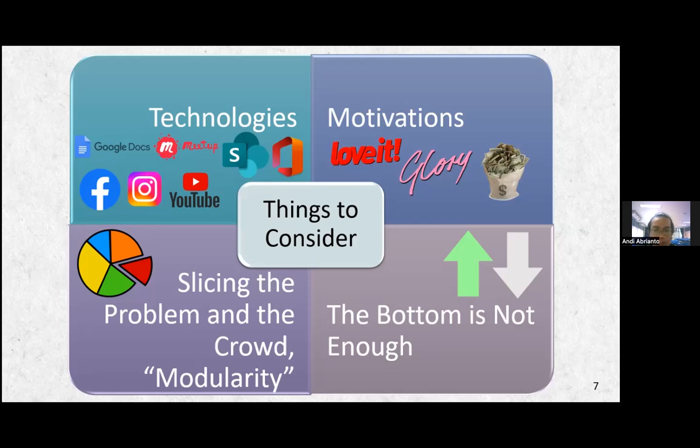The second thing to consider is motivation. Besides providing the right tools or platform for collaboration to take place, any organization must ask what will motivate its customer network to participate.